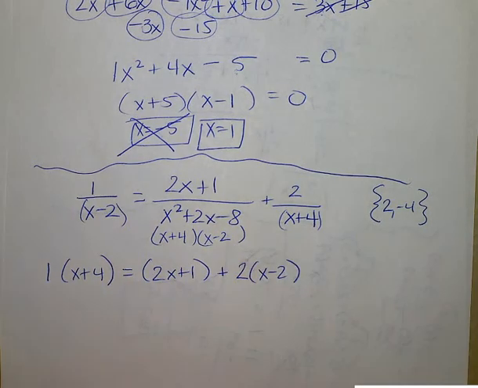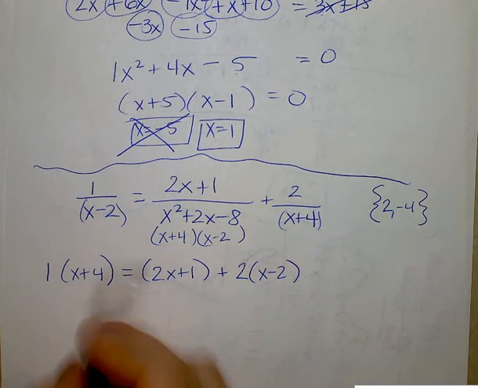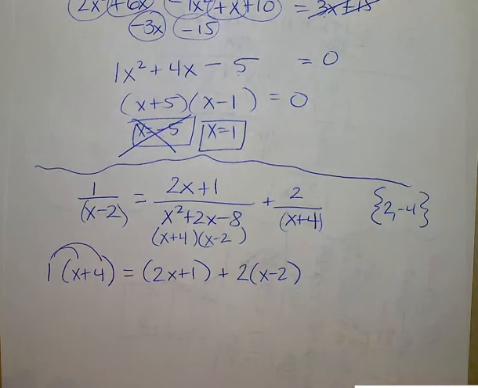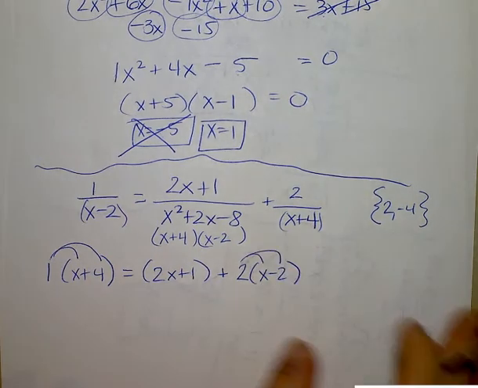So I've actually kind of mentally found a common denominator and eliminated the denominator. This is what I have as a numerical value. So I'm going to distribute the 1, which doesn't change anything, distribute the 2, and then I'm just going to solve for x.